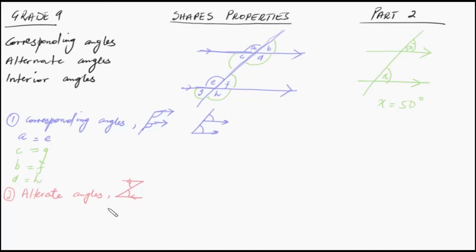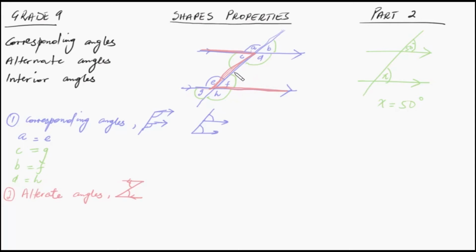All right? So let's go back to our diagram here. Which angles are alternate angles here? Let's consider this Z here. Because this line and this line are parallel, this is a transversal, so we have a Z here. You can actually envision it.